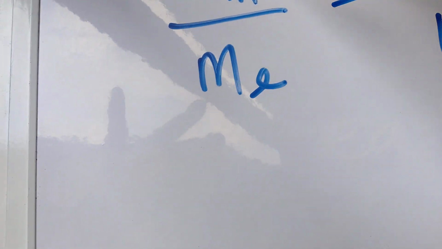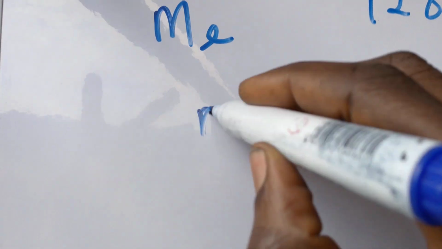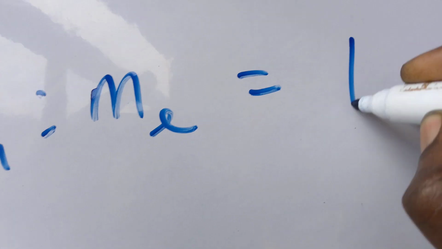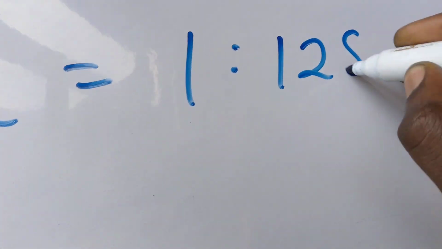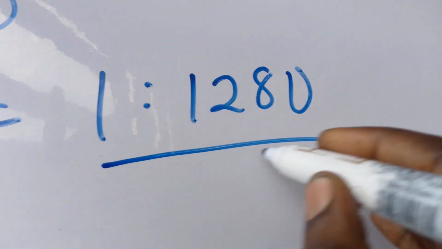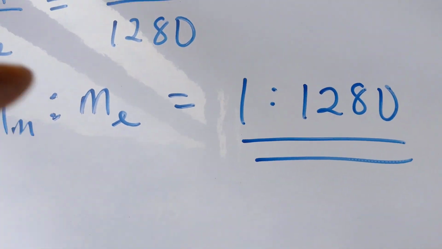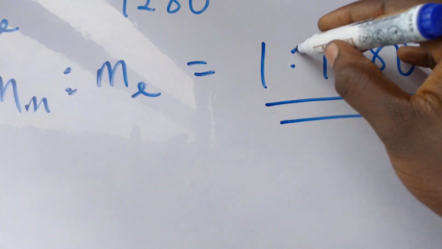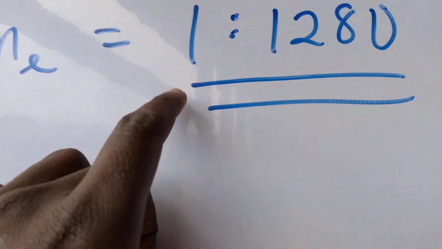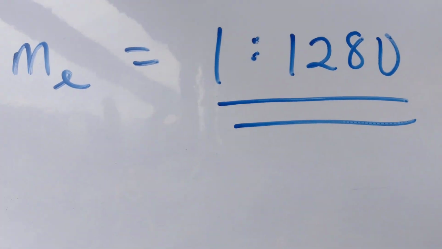That implies that MM to ME is 1 to 1280. So the ratio of the mass of the Moon to the mass of the Earth is 1:1280. Alright. Thank you.